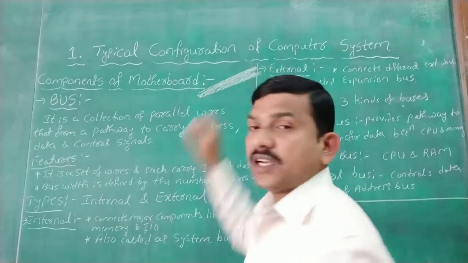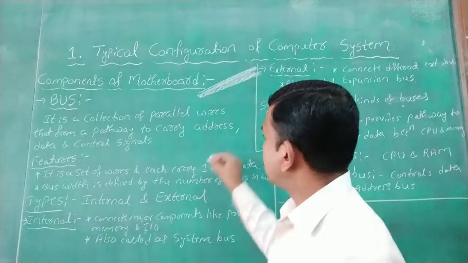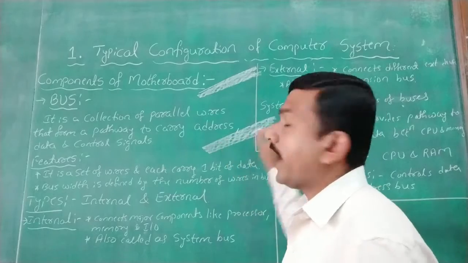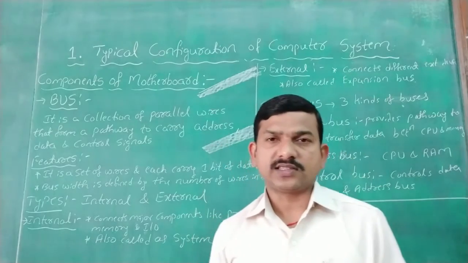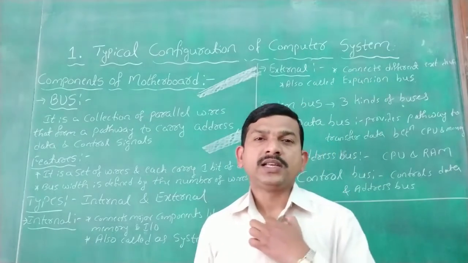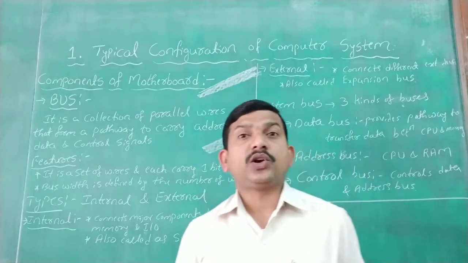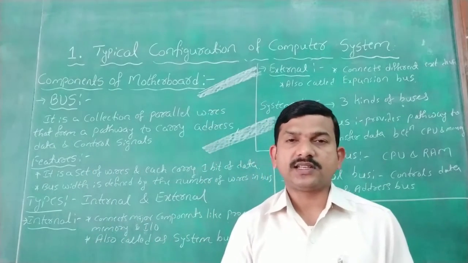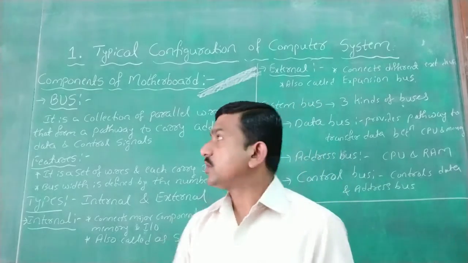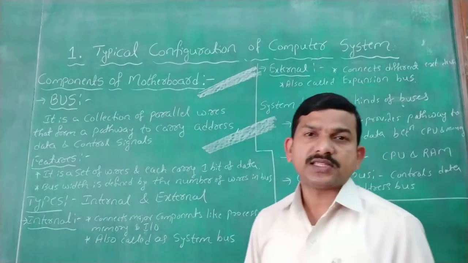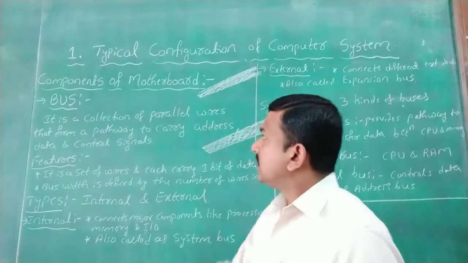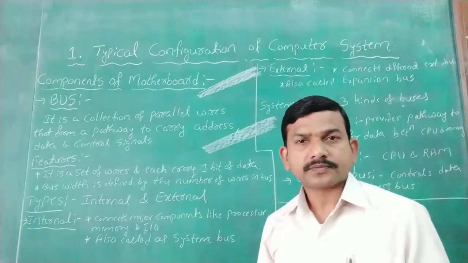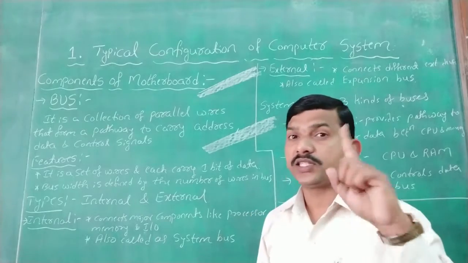It looks like a belt, a white color belt. That belt is what we call a bus. Is it clear? So here we are discussing that bus. The bus is this white color belt. It looks like a belt, but actually it is not a belt.